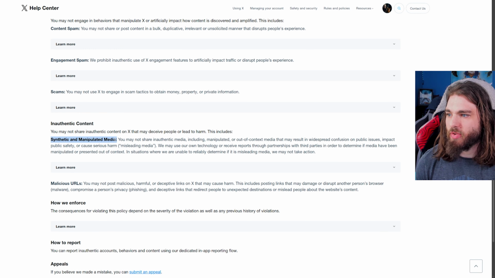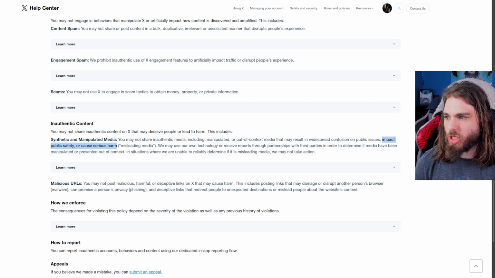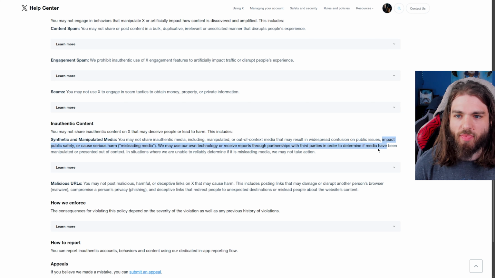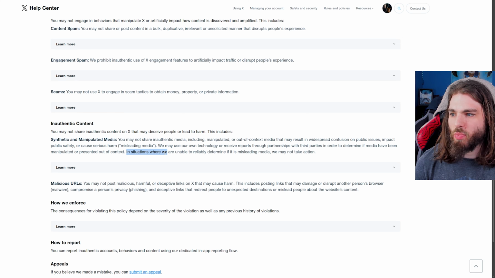Synthetic and manipulative media. You may not share inauthentic media, including manipulated and/or out-of-context media that may result in widespread confusion on public issues, impacts to public safety or cause serious harm. Misleading media: we may use our own technology or receive reports through partnership with third parties in order to determine if media has been manipulated or presented out of context. In situations where we are unable to reliably determine if it is misleading media, we may not take action.